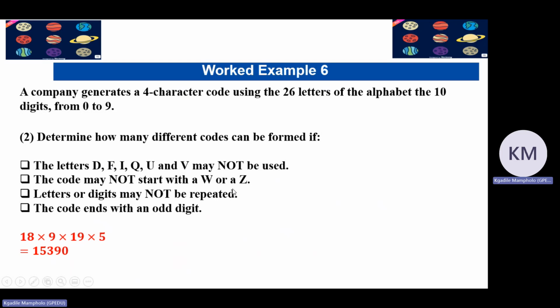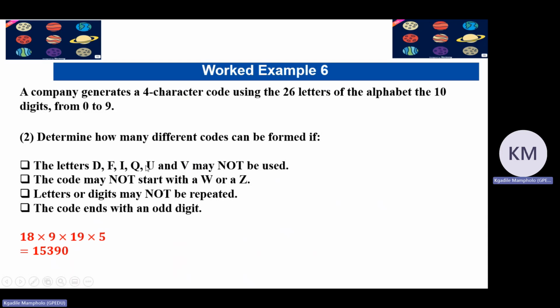But now, if one of the letters is used here, remember the total letters that can be used here, there are 20. But if one of them is at the beginning, then it cannot be here. Remember here we use 18 because we said at the beginning we cannot have W and Z. But here we can use them. Remember, letters that can be used here are 20.